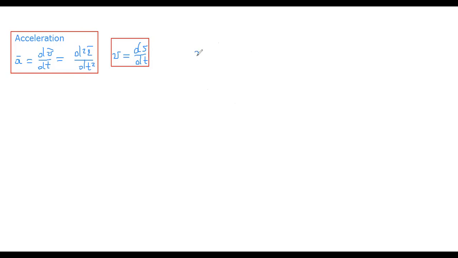I mean this. We can consider A as the sum of tangential acceleration plus normal acceleration. Normal acceleration is also sometimes called radial acceleration or centripetal acceleration. So normal, radial, and centripetal acceleration are the same.